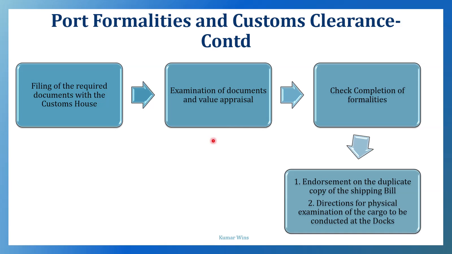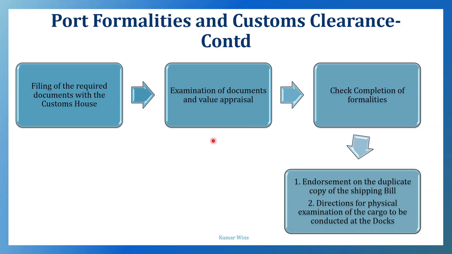Okay, so they check that formalities have been completed, and once these documents are examined and the value is appraised, the customs examiner or appraiser makes an endorsement on the duplicate copy of the shipping bill. He also gives directions to the dock appraiser about the extent of physical examination of the cargo to be conducted at the docks.